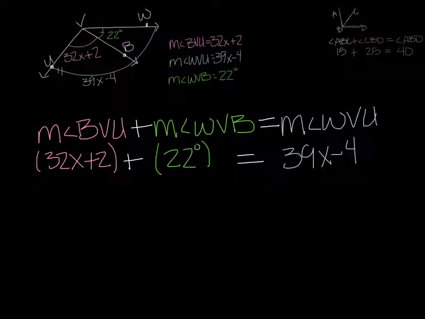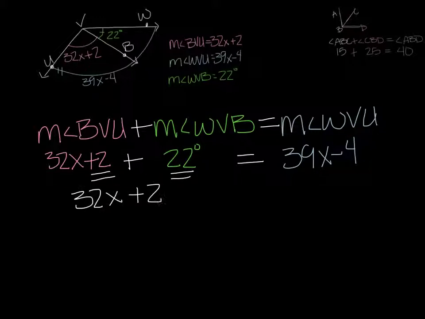Now it's just good practice to put parentheses around things that you're substituting in, but you'll see that we don't actually need these parentheses because we're just dealing with addition, so we can simply remove those. Then we'll combine like terms.